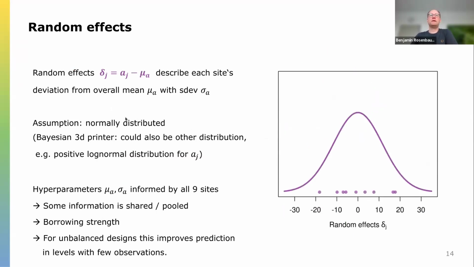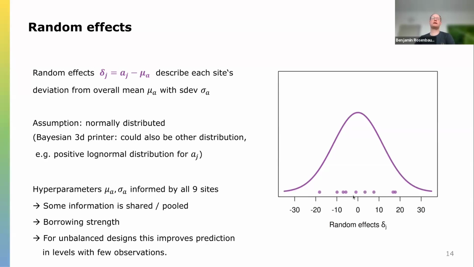Okay, we assume they are normally distributed. However, we could in a Bayesian framework also use a different distribution, but the normal distribution here is the classical choice. So these are the nine dots here on this x-axis. These are the site level deviation from the overall mean for each site, and they gather around 0, but there is some standard deviation involved.